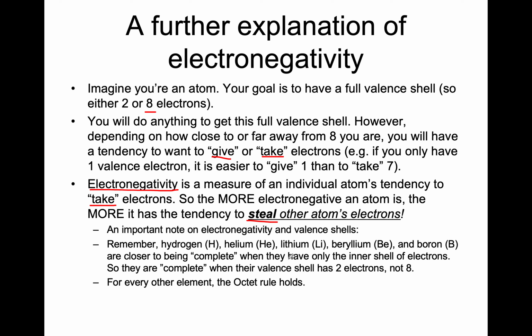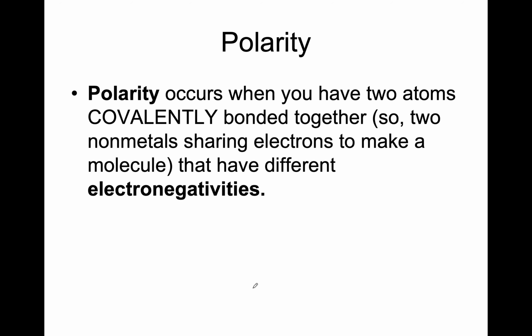They are closer to being complete when they only have 2 electrons, not 8. For every other element, the octet rule holds. Okay? So polarity occurs when you have 2 atoms that are covalently bonded together, so 2 nonmetals sharing electrons to make a molecule, that have different electronegativities.